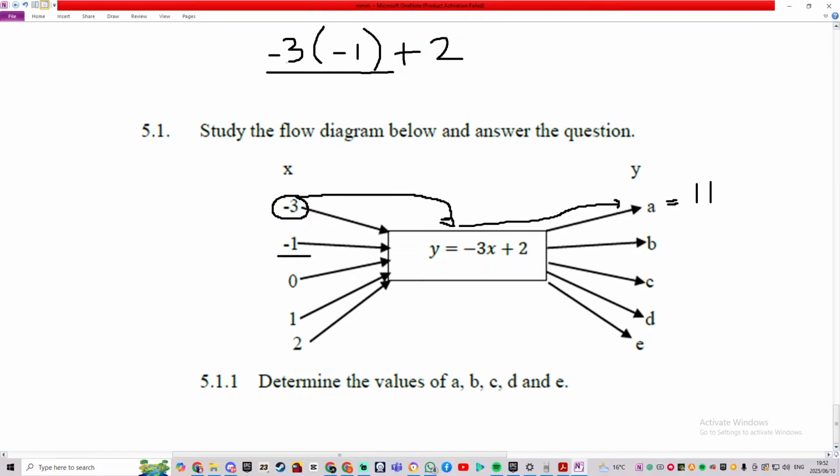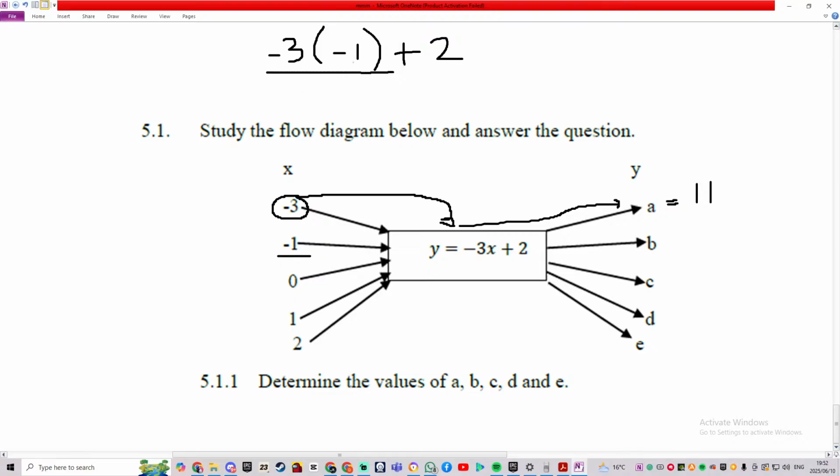Don't stress, there's no pressure. There's a number outside of a bracket. Do you know what we do with the number outside of a bracket? You times it, sir. This is a minus, that's a minus. So what is the answer? I'm guessing 4, sir.